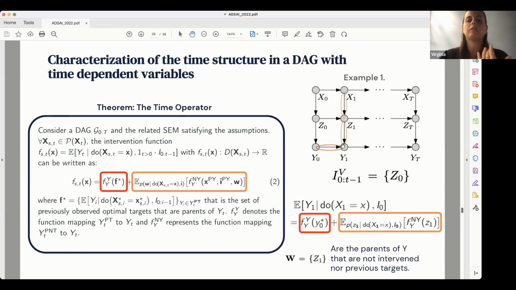If we look, for example, instead at an intervention on X1, the causal effect, again, for Y1 is determined by the previously found optimal level for Y0 propagated through the edge that is highlighted in red, and then the level of intervention for X1 propagated again through these 2 edges highlighted in orange, but also considering the effect of previously implemented interventions, so Z0 on Z1.